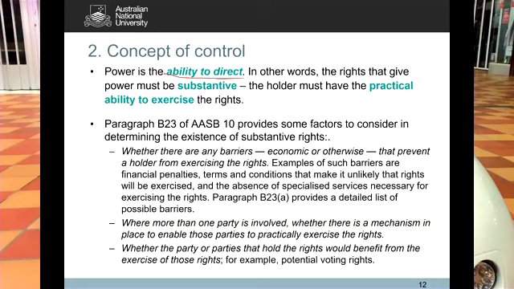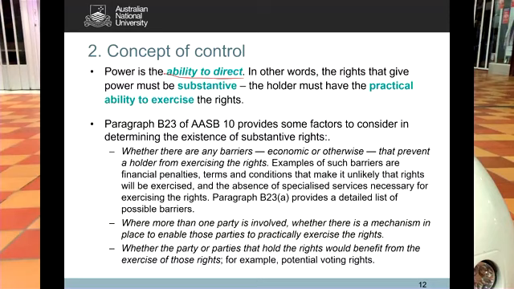Also, let's say you have 30% of the voting rights and you have an option to obtain another 21% of the shares. If you exercise it, you would have 51%, so it looks like you would have the substantive rights.